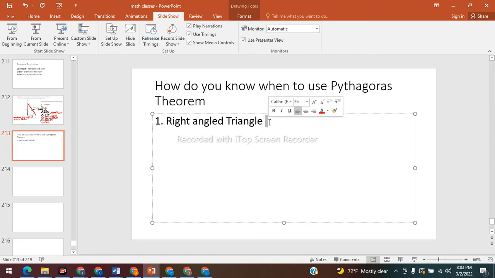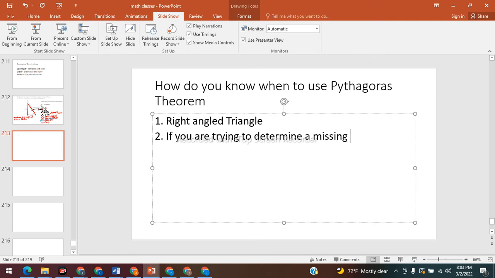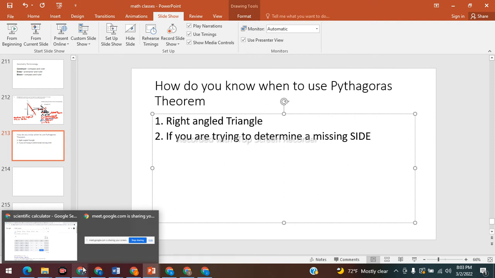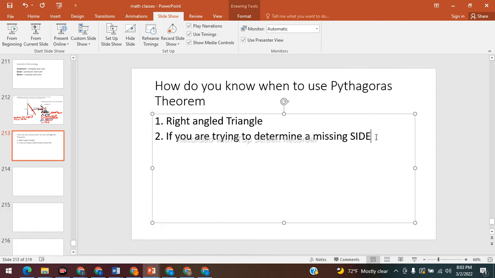The second thing is that if you are trying to determine a missing side of a triangle, then you could use Pythagoras theorem, because Pythagoras theorem is for missing sides.